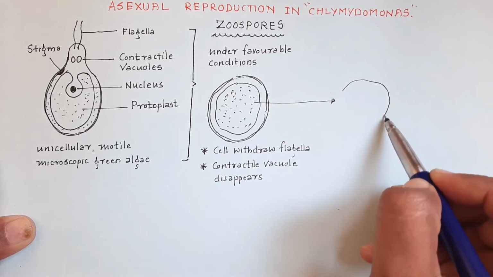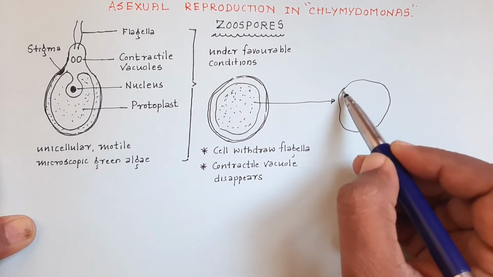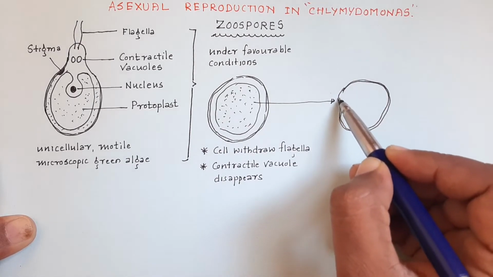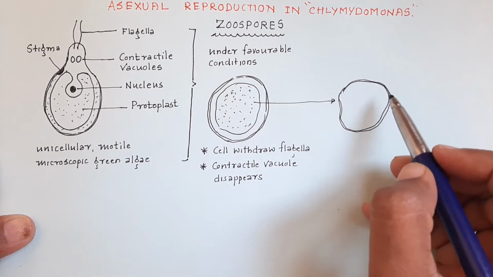What happens in the second stage is that a contraction of the protoplast takes place.